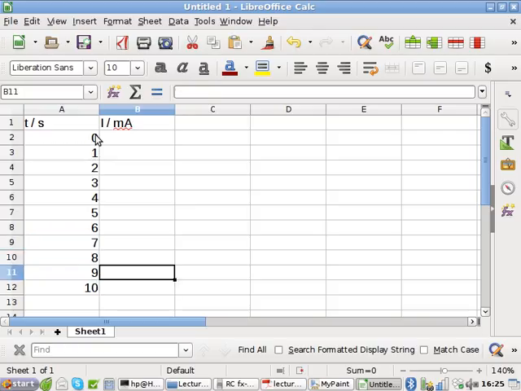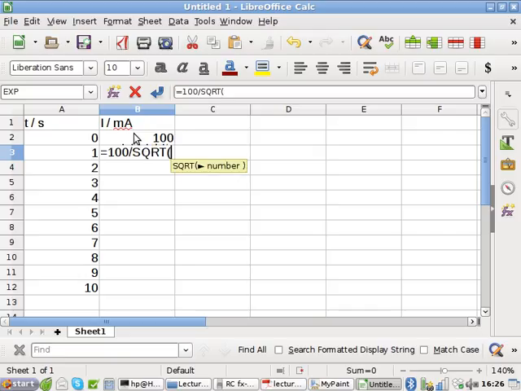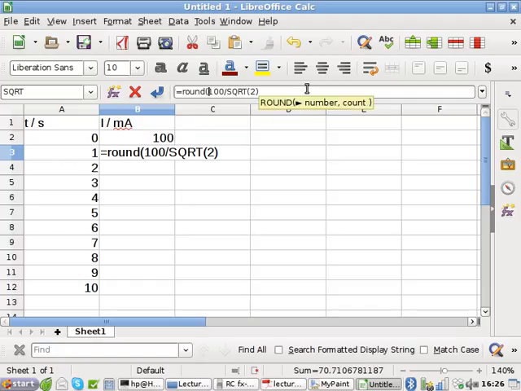What's the first one? 100. And the next one? 70.7. 2 decimal places or 1? 1 decimal place.